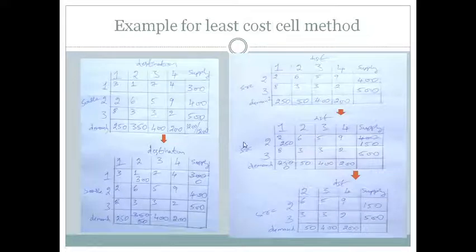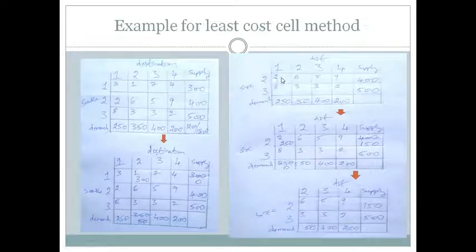And again I delete the corresponding row or column where the supply or demand has become 0. In this case the supply value has become 0, so I exclude this complete row. When I do that, this is what I get.